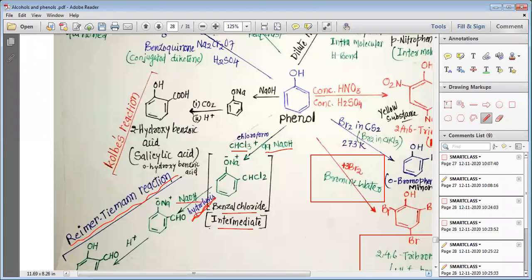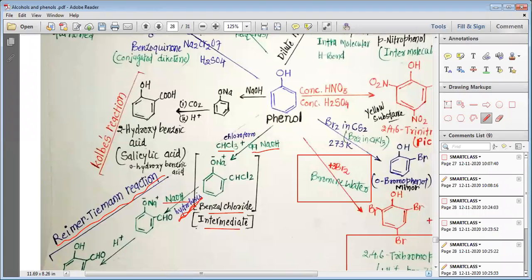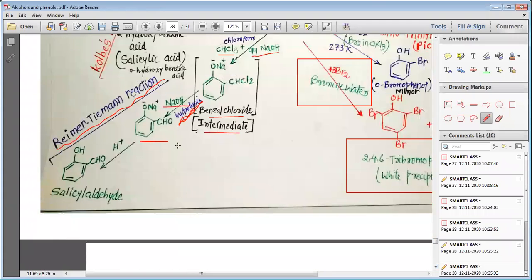So on hydrolysis, we get another product, a substituted benzaldehyde. And then this intermediate, when it is treated with acid, gives us the product known as salicylaldehyde.